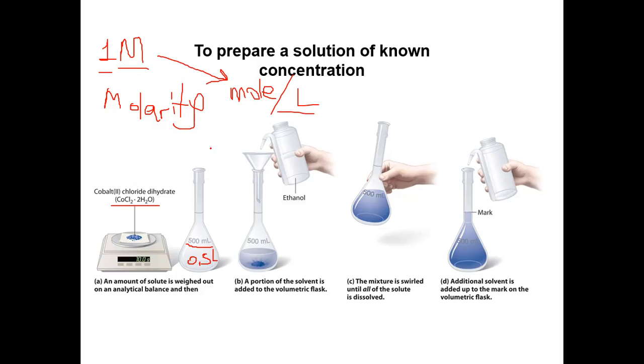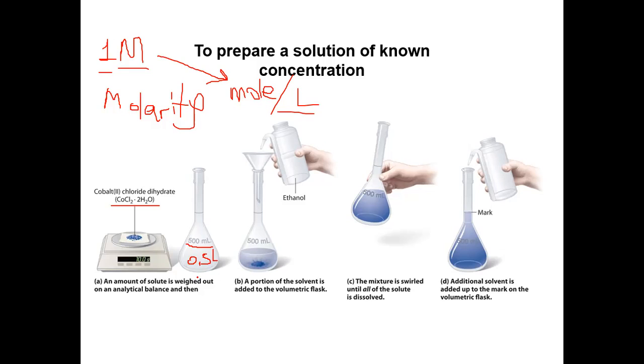So it means that we need to calculate the mass of cobalt chloride dihydrate, because we cannot measure 1 mole on balances, right? We have balances, and we need to measure the mass on balances.